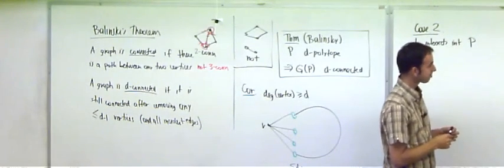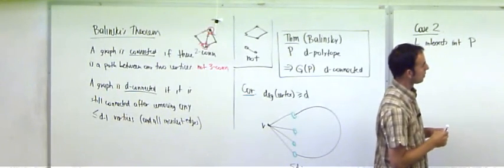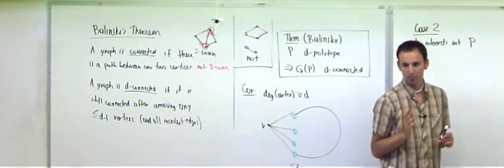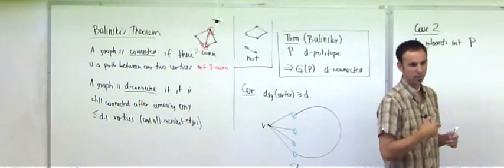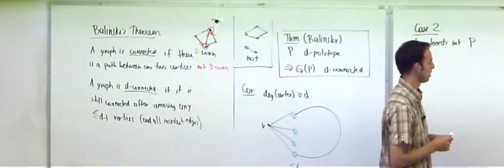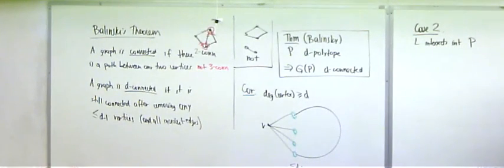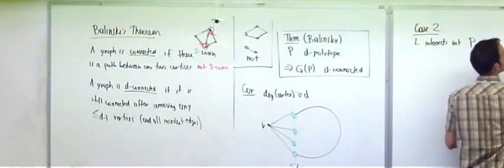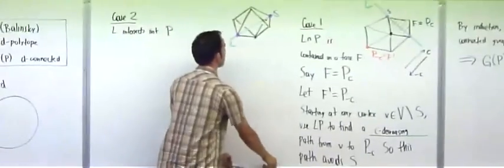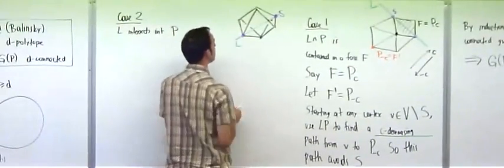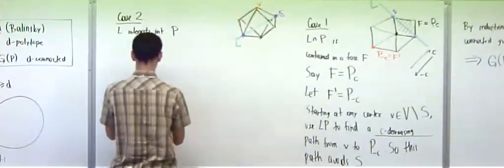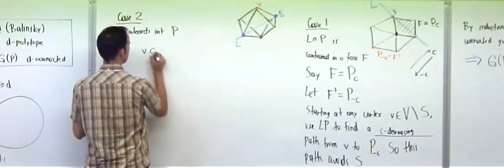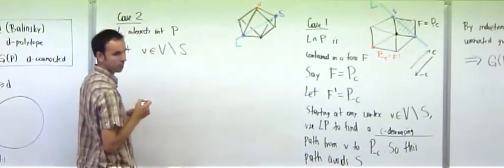I'm going to say, choose some other vertex out of any other vertex that is not in S. So Ashley, choose a vertex for me. The top one, okay. So let's call this vertex V. So just consider any vertex that is not in S.